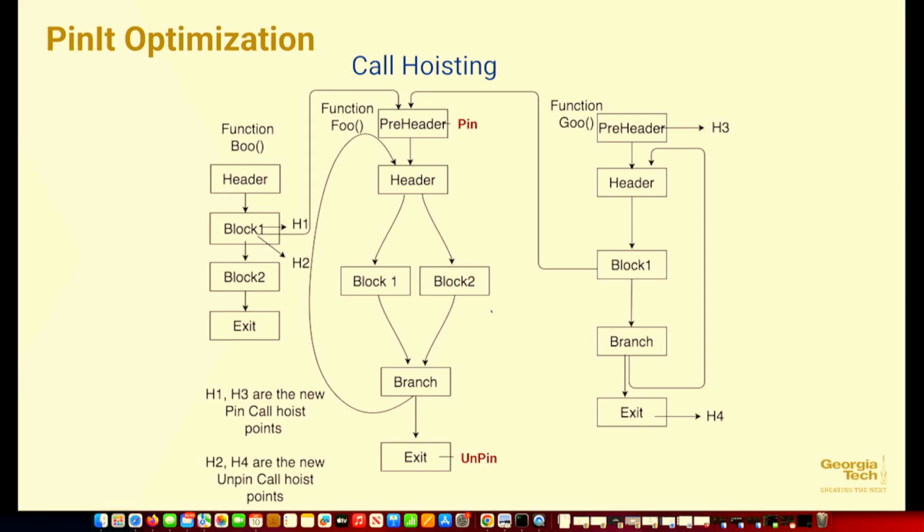For example, the pin-unpin call within function foo outside the loop is hoisted across the call site in function boo and across the interprocedurally outermost loop within function goo.